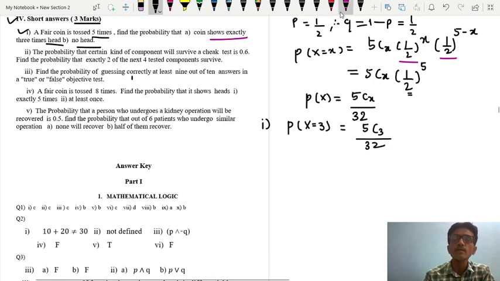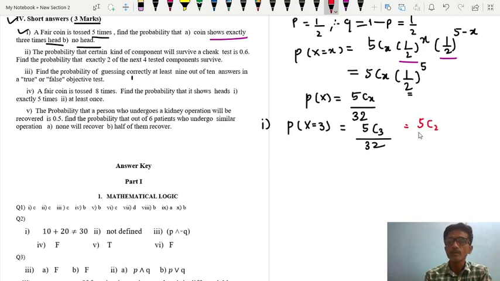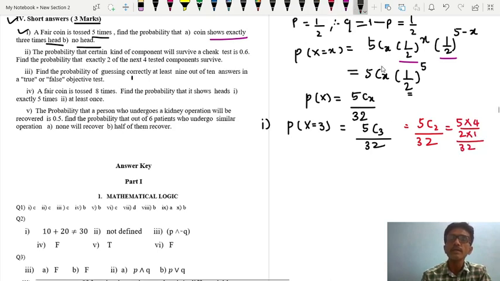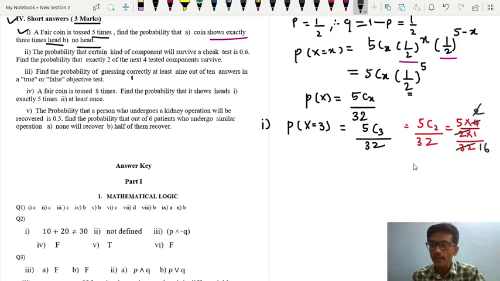Now this 5C3 you can write as 5C2, upon 32. Now 5C2 is equal to 5 into 4 upon 2 into 1, divided by 32. The 2 gets cancelled, it will be 10, and again 2 gets cancelled, so it will be 16. So we get 5 upon 16.